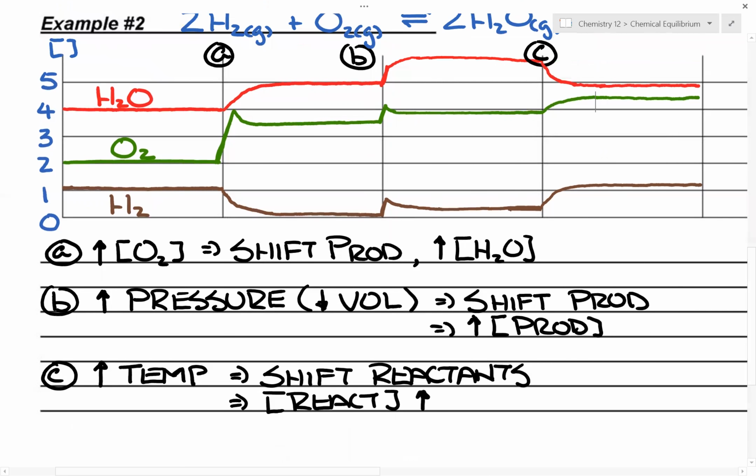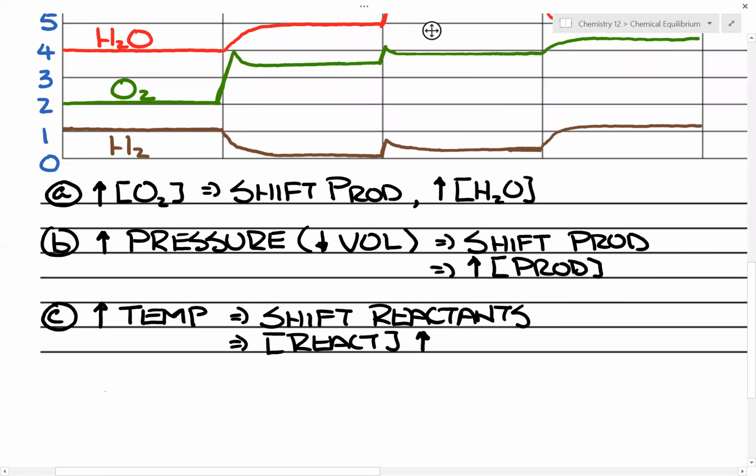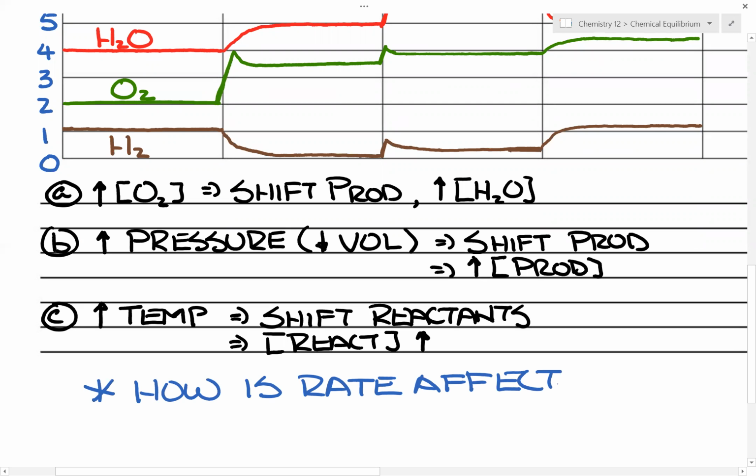Now, in all three scenarios, I've just focused on concentration. One thing you should be aware of, in the back of your mind, is how is rate affected? In all the scenarios. Okay?